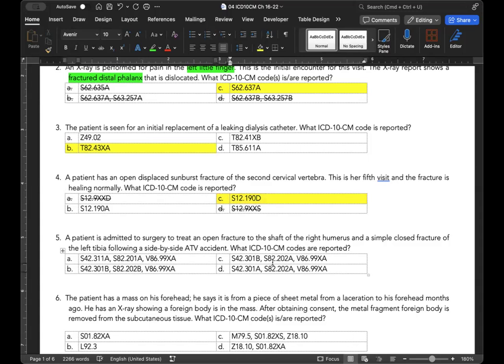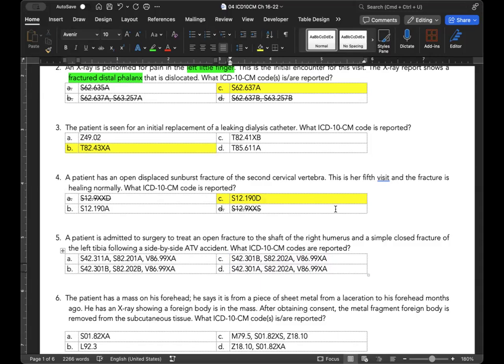Let's say this was her 5th visit, but they are continuing to have treatment towards the fracture. What 7th character would we use at that point? So again, 5th visit, and they are continuing treatment.